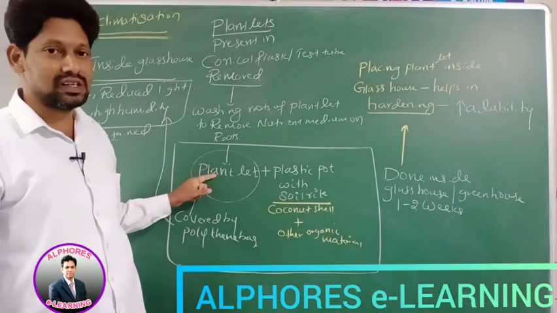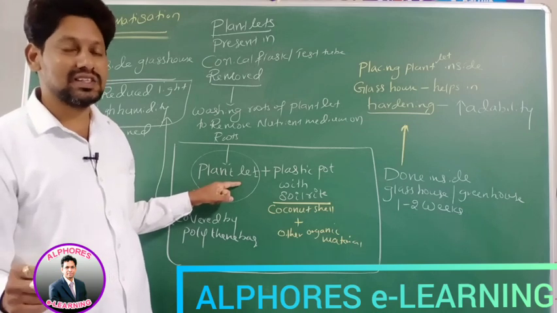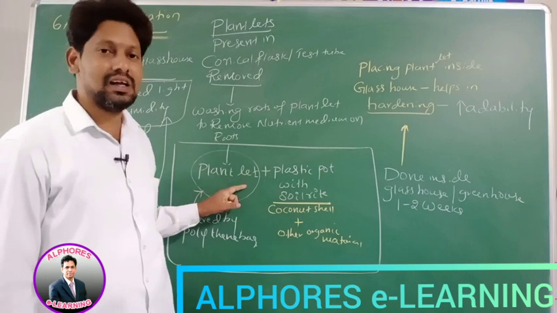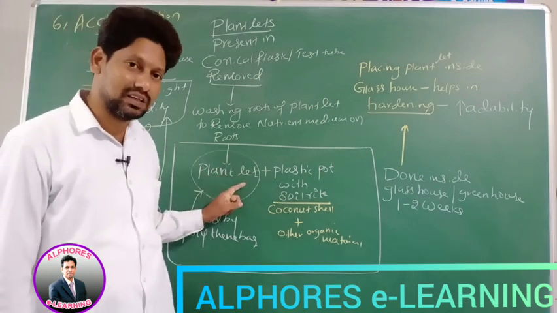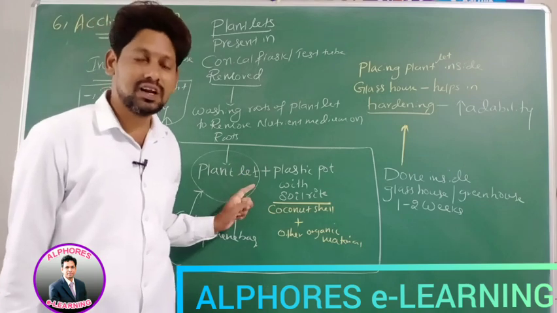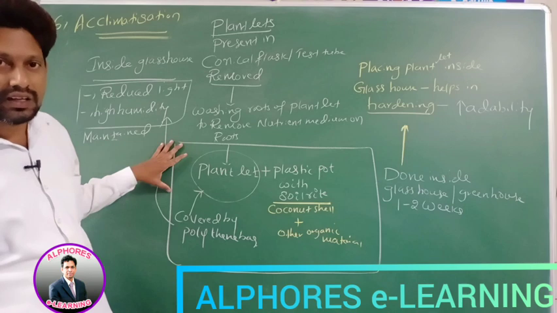Once the plantlet undergoes hardening, then the plantlet is shifted to the open fields. Shifted to what? Open fields. Is this statement clear?